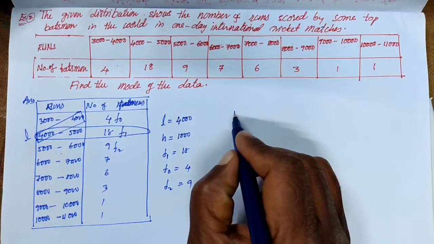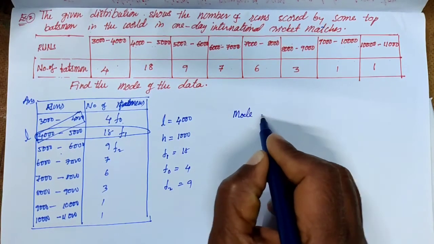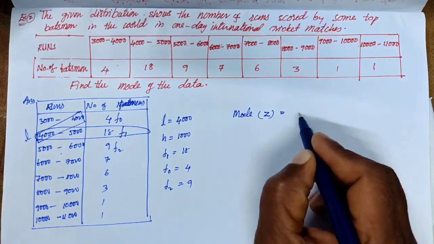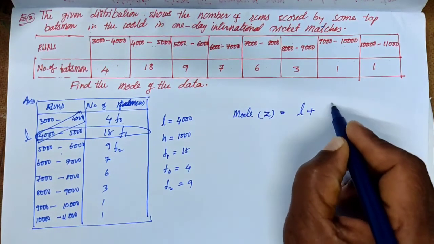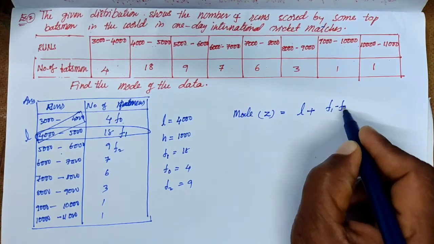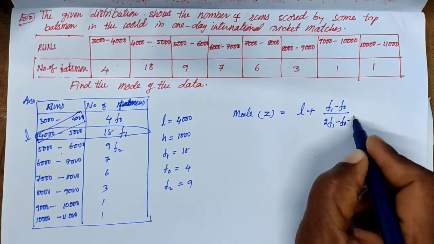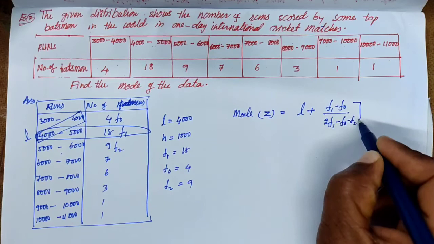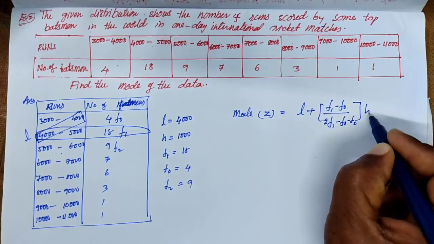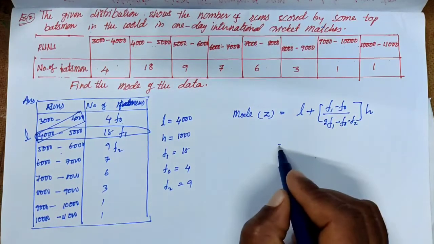Now the mode is equal to L plus (F1 minus F0) by (2 F1 minus F0 minus F2), into H. So this is the formula.